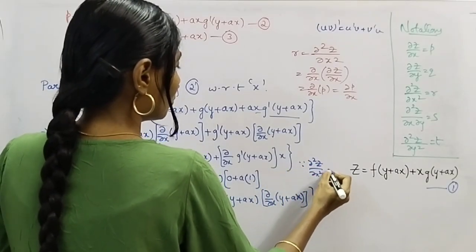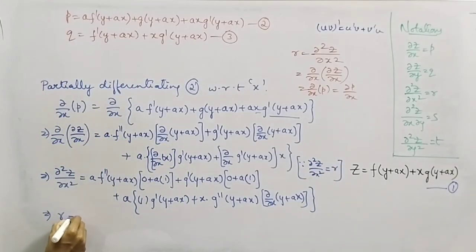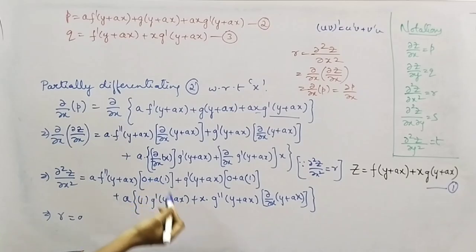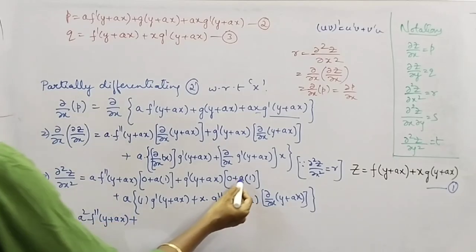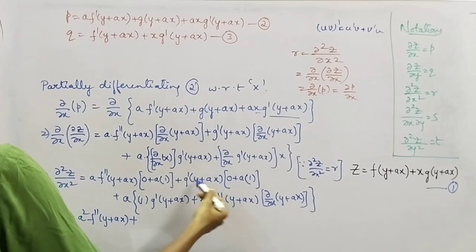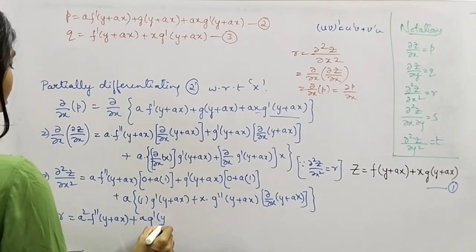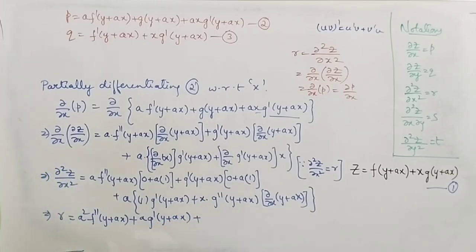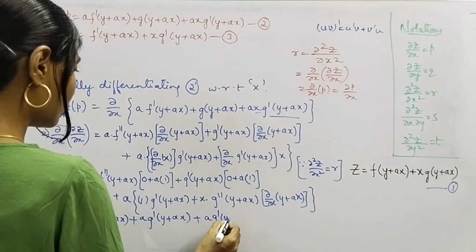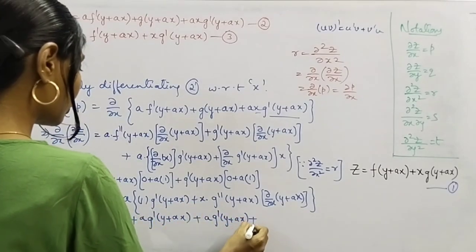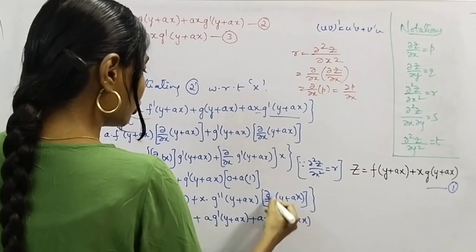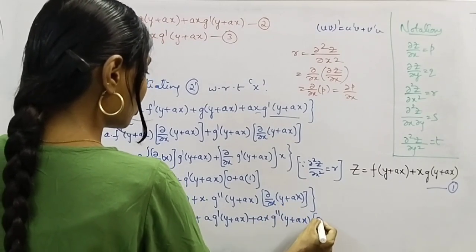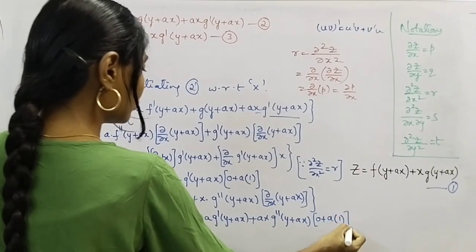We'll get r equal to a into (1a plus 0), which is a square f double dash of (y plus ax), plus a into (1a plus 0), which is a g dash, plus 1 into g dash, which is g dash, g dash into a is a g dash, right, plus a into x into g double dash, and here we need to find the inner derivative: partial derivative of y with respect to x is 0 plus a into the partial derivative of x with respect to x, which is 1.